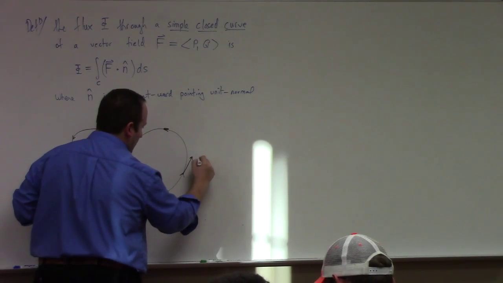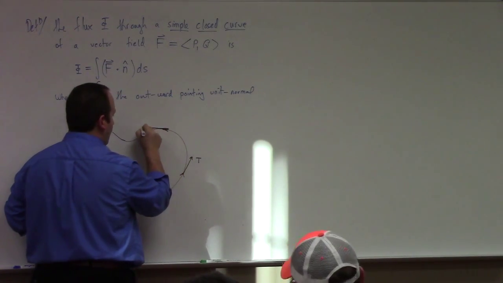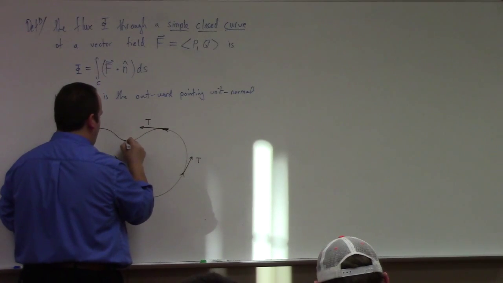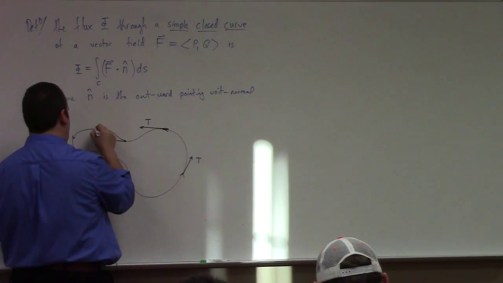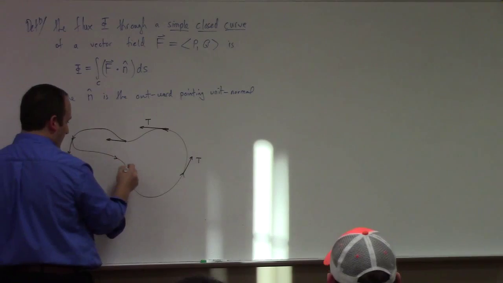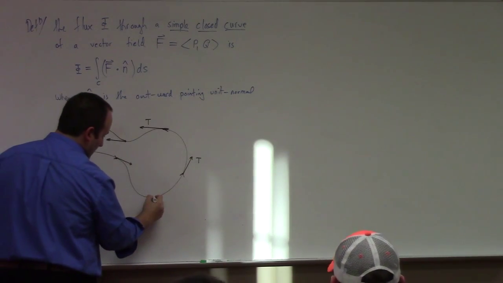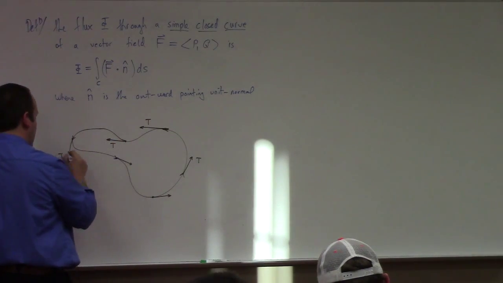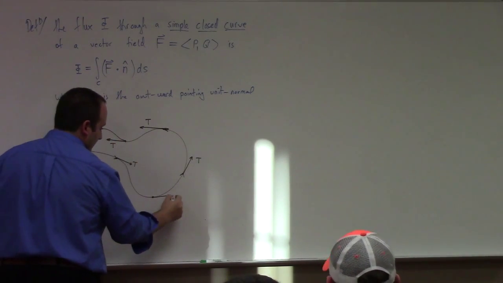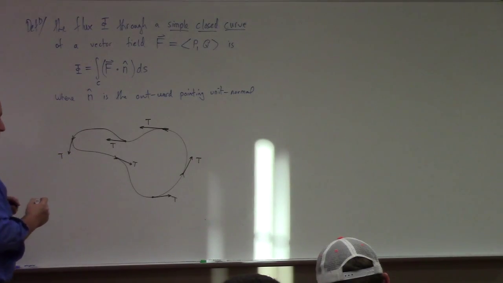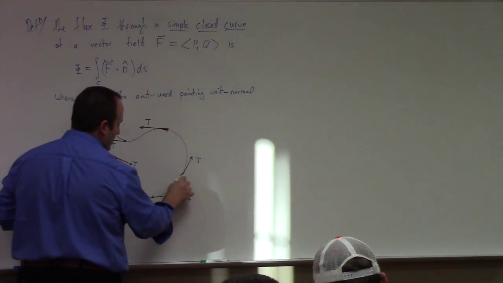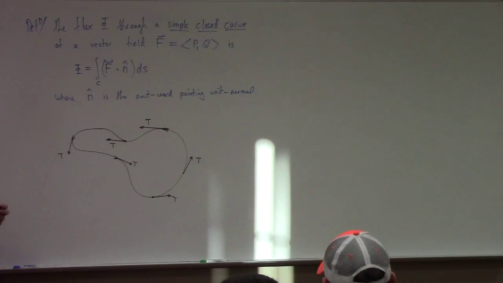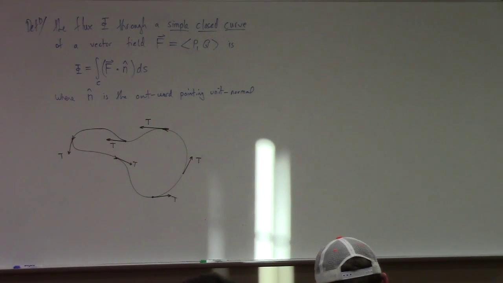So the unit tangent looks like this. Here I plotted the unit tangent in black. If I was to plot the Frenet normal, where would that be? Where does the Frenet normal we talked about earlier in this course point? Towards the center of curvature, towards the center of the osculating circle that you could fit to the curve at any point.